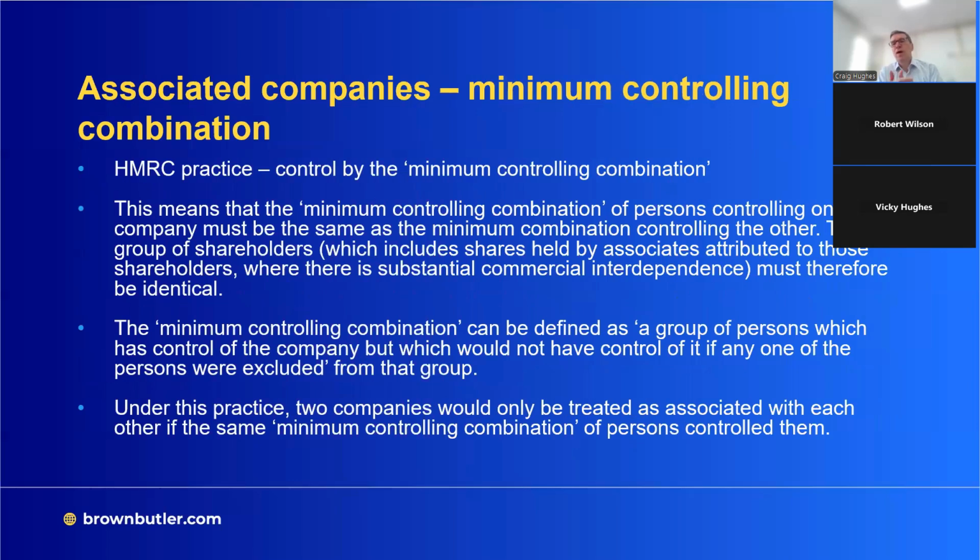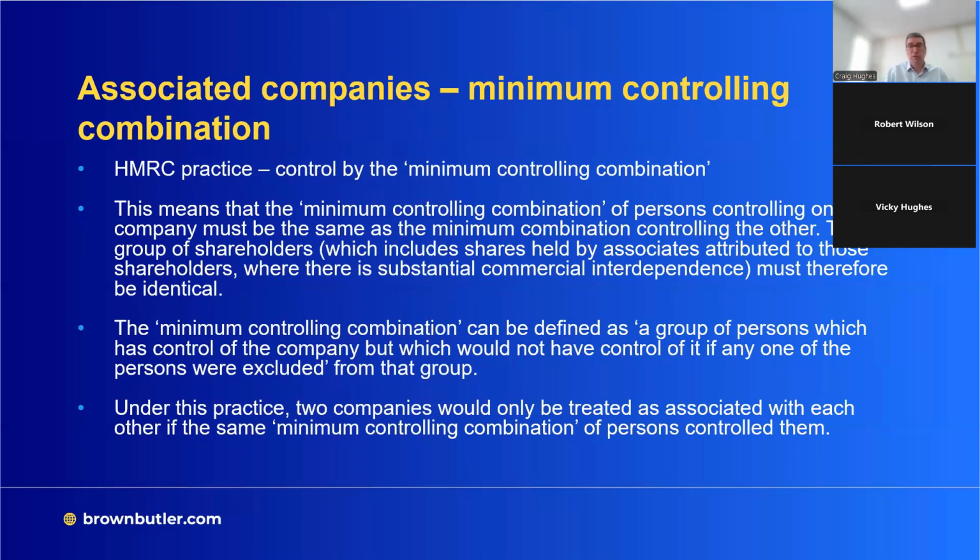Now, when we're looking at whether two or more companies are under common control, HMRC practice is to look at control by what they call the minimum controlling combination. So this is the minimum controlling combination of persons who control one company being exactly the same combination who control another.